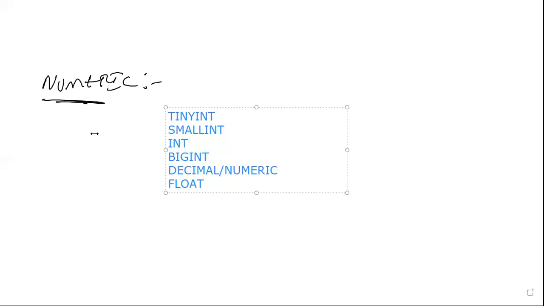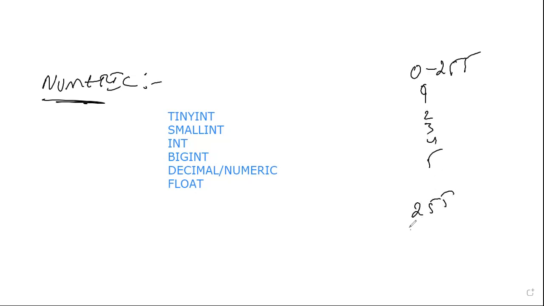Tiny int is a type of data type which can store numbers from 0 to 255, that is 0, 1, 2, 3, 4, 5 up to 255 numbers.